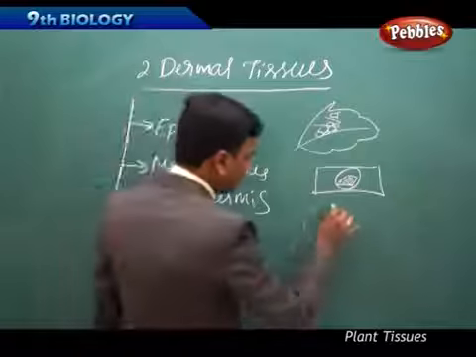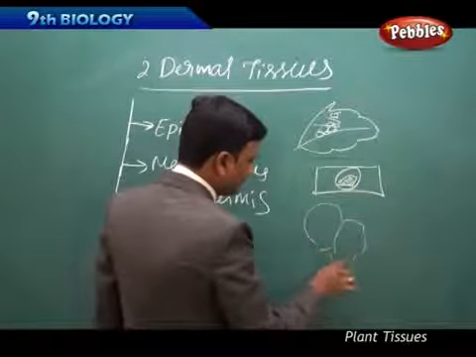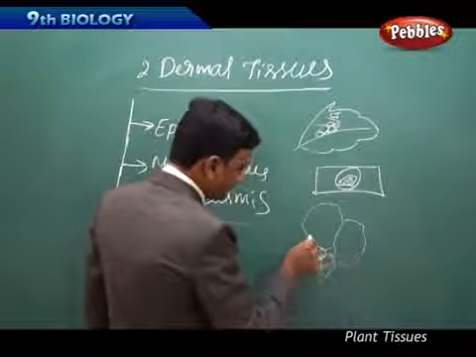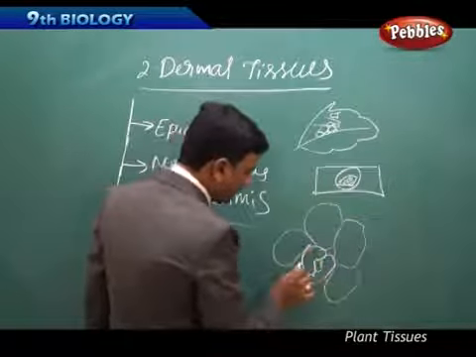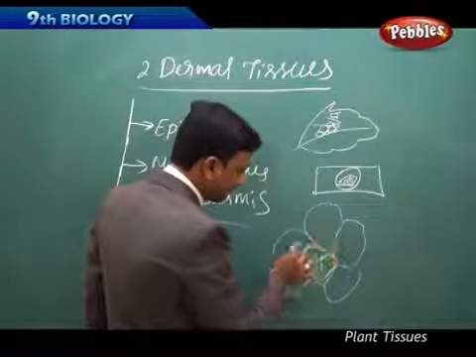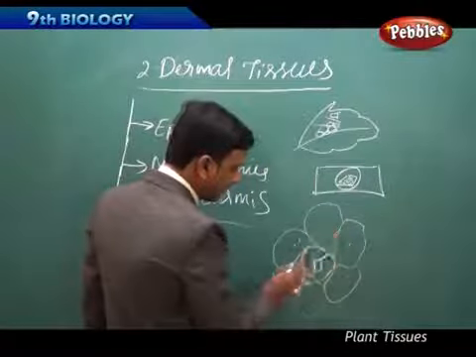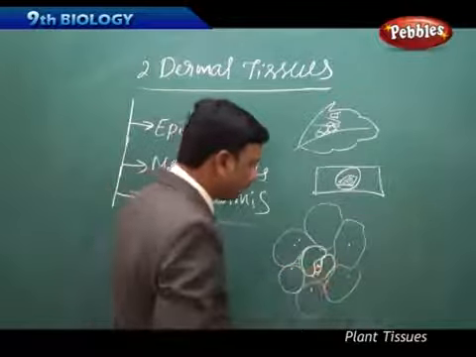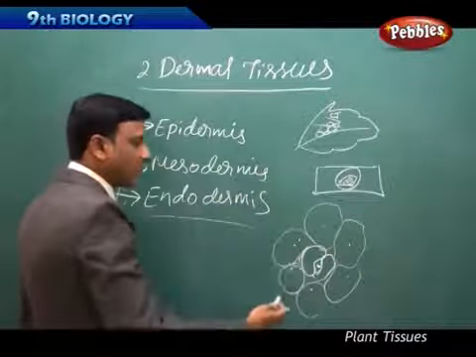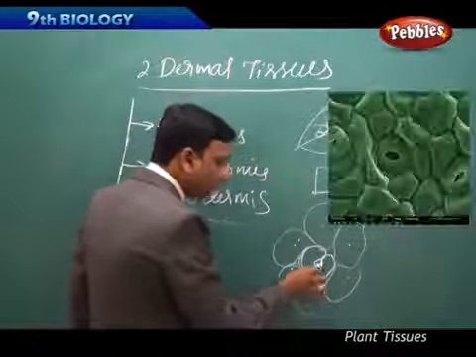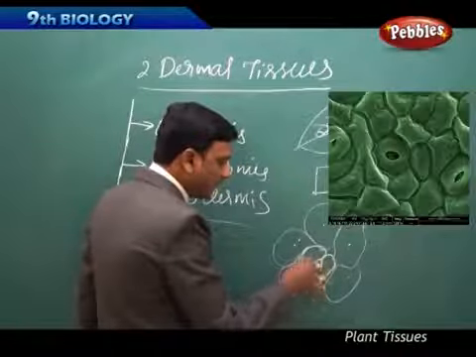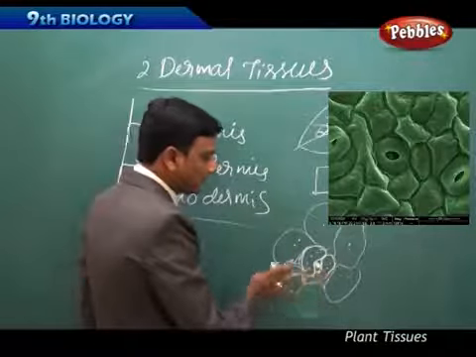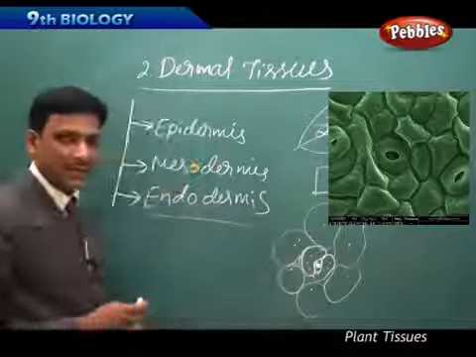If I say these are the plant cells, epidermal cells, in the epidermis there is a hole to pass the oxygen and carbon dioxide into the plant. That hole is called stomata, and it is guarded by guard cells. All these, guard cells and stomata, are part of the epidermis.